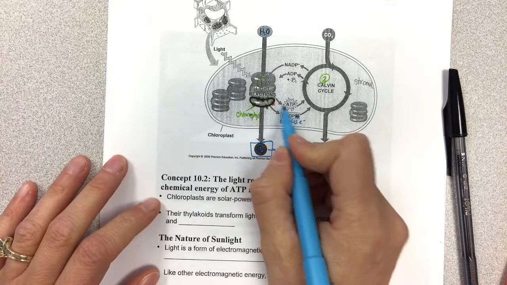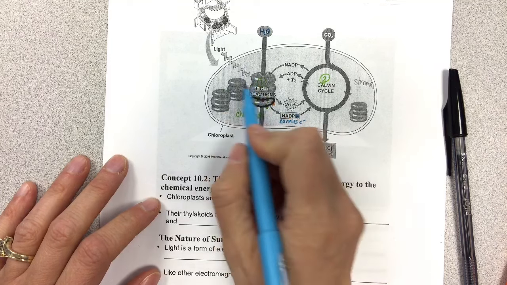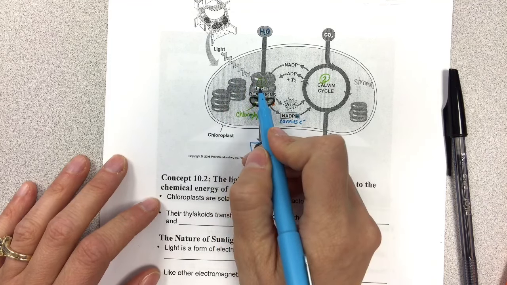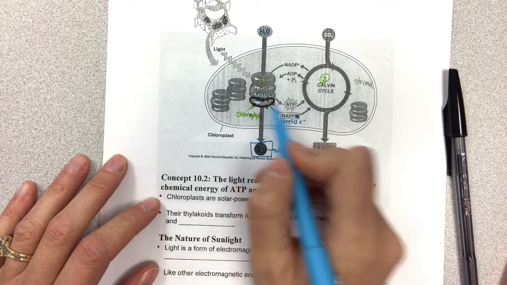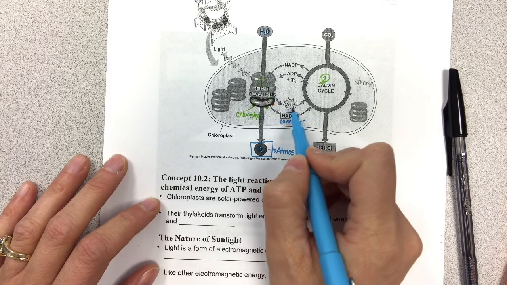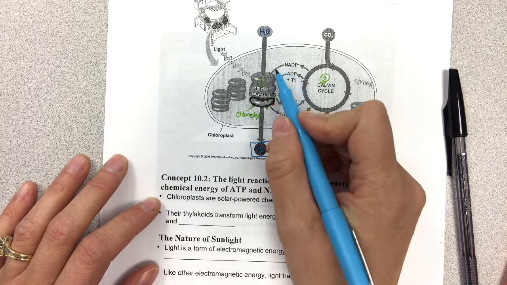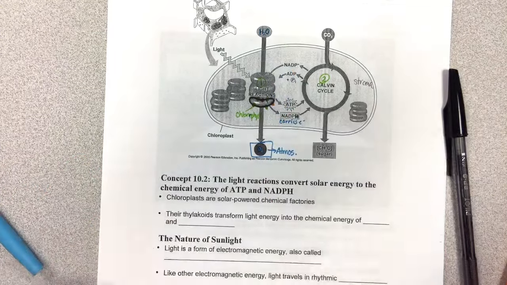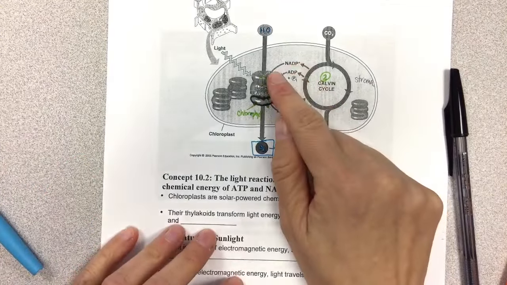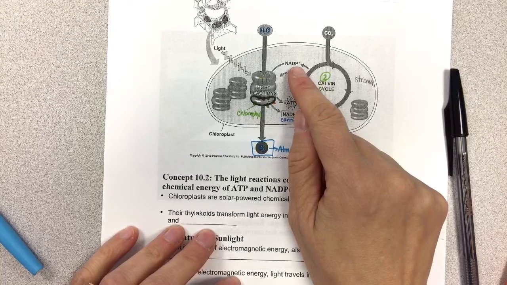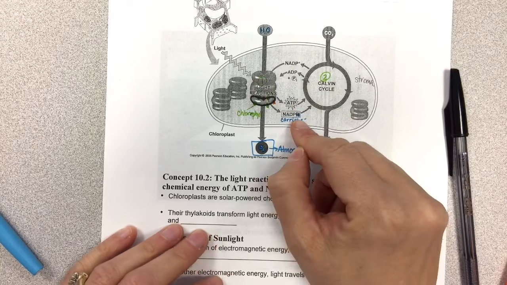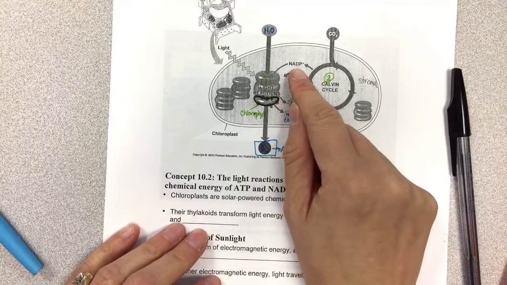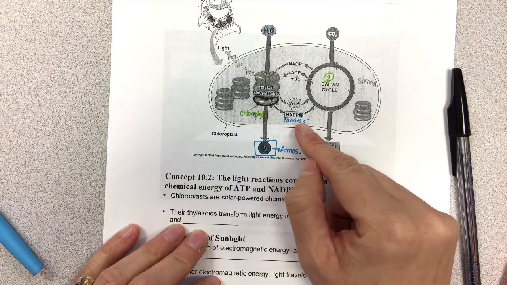And then also notice what comes out of here is ATP. So some of this light energy is actually used to phosphorylate ADP to make ATP. So that's why, if you look up here, what comes in here is NADP plus and becomes NADPH, kind of like NAD plus in cellular respiration became NADH.